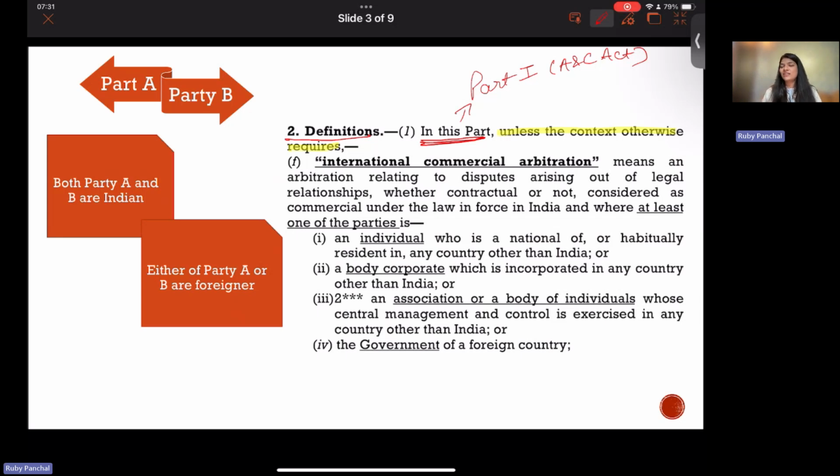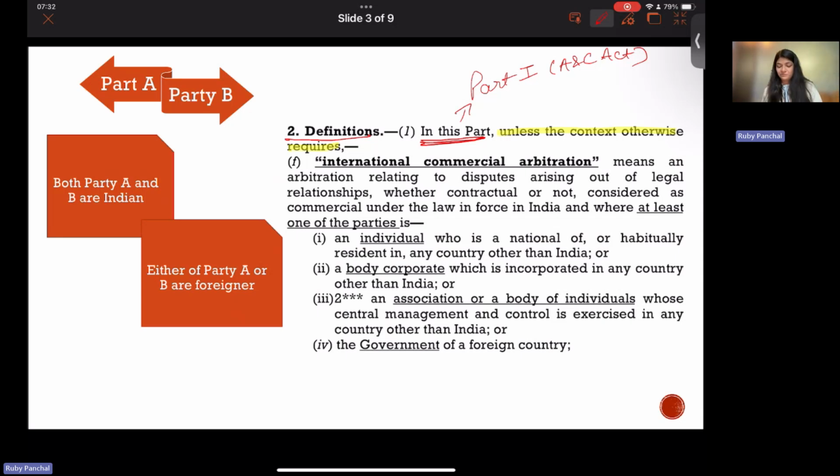If you have read the Amazon judgment, wherein the issue was, do we read emergency arbitrations in section 17 of the A&C Act? Therein as well, the court used this interpretation of this very phrase, "unless the context otherwise requires."